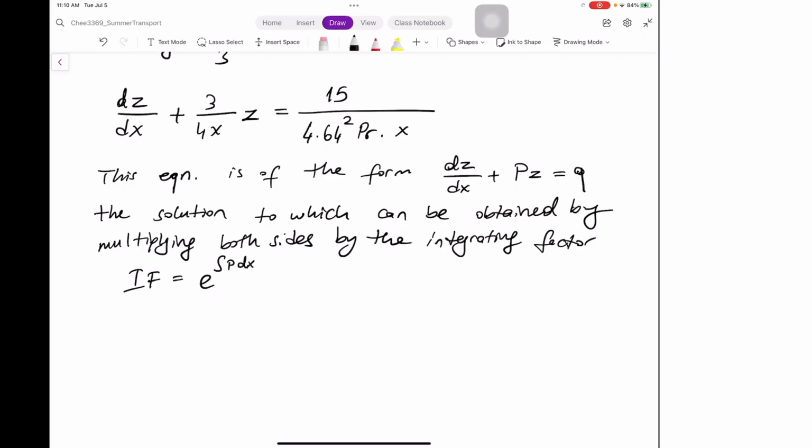Okay. P not necessarily constant here, it's not constant either. So I just said it wrong, I guess.